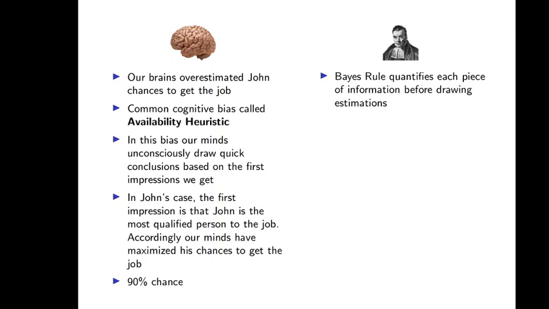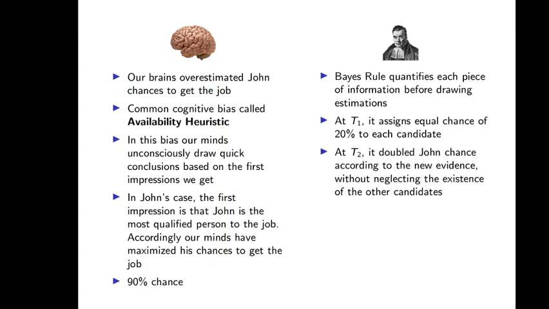On the other hand, Bayes' rule quantifies each piece of information before drawing estimations. At the first timestamp T1, Bayes' rule assigns an equal chance of 20% to each of the 5 candidates in the final interview. After the final interview, Bayes' theorem has doubled John's chances to get the job without neglecting the fact that we have 4 other qualified candidates.